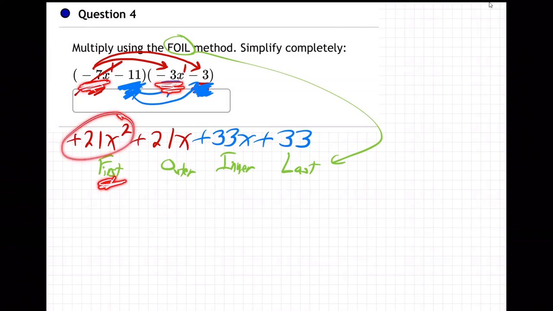And then the next term comes from the two outer ones, minus 7x times minus 3 made plus 21x. And I stands for the two inner ones, minus 11 times minus 3x is plus 33x. And L stands for the two last terms, last term times last term, plus 33. So first, outer, inner, last, FOIL.